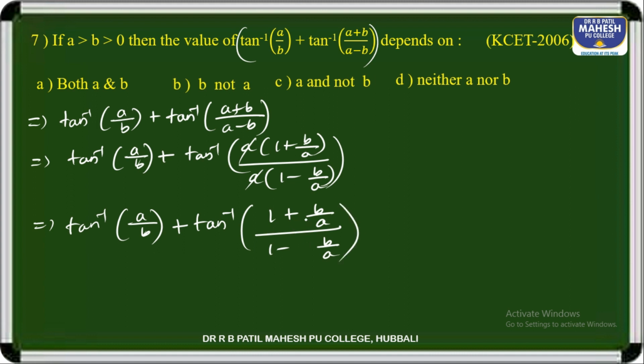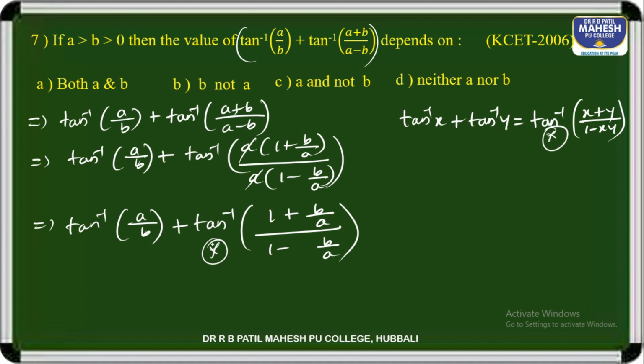Dear students, I just want to recall a standard formula, tan inverse x plus tan inverse y is equal to tan inverse of x plus y upon 1 minus x into y. Do you think this expression is going to match the RHS of the formula?